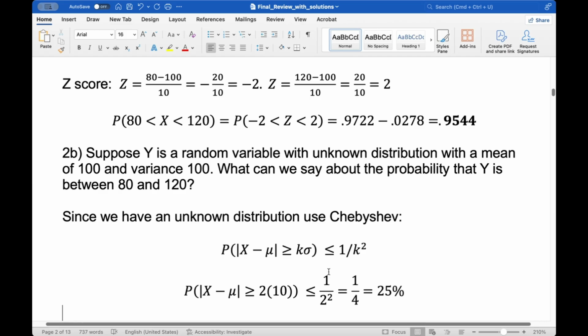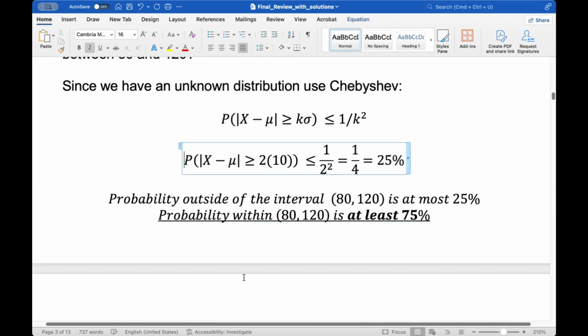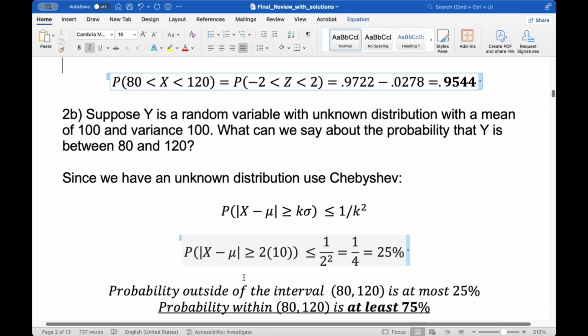So there's a 25% chance that the variable will be beyond 120 or 80. We do the opposite probability for in between, 100 minus 25, so it's at least 75%. So there's at most 25% outside that range, and at least 75% inside the interval 80 to 120.